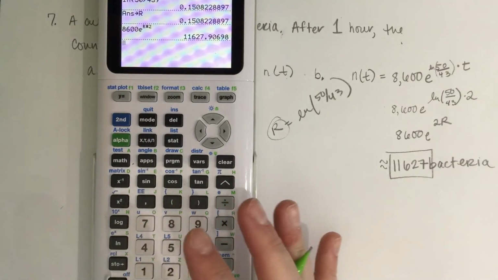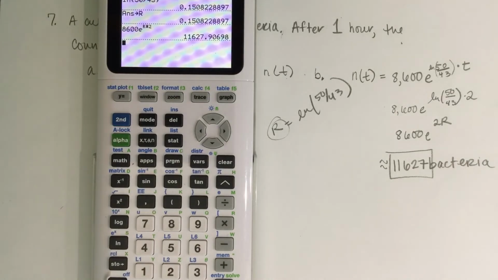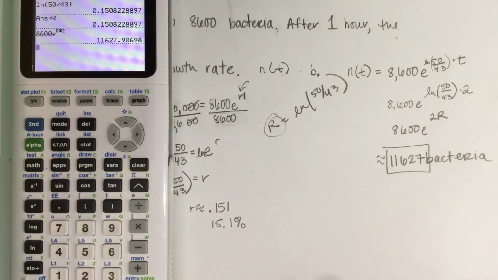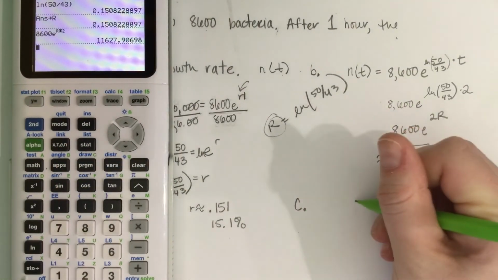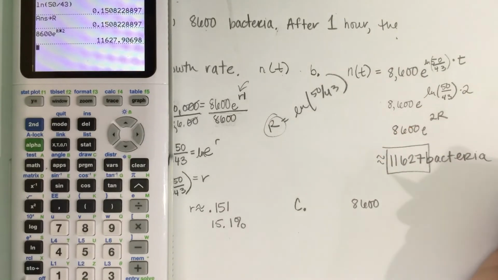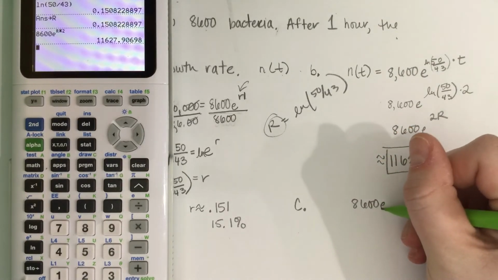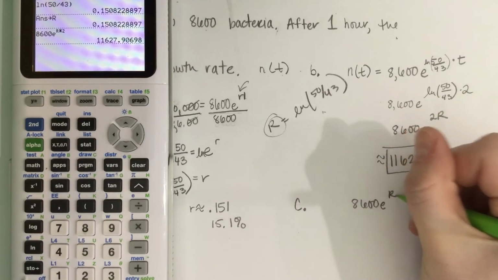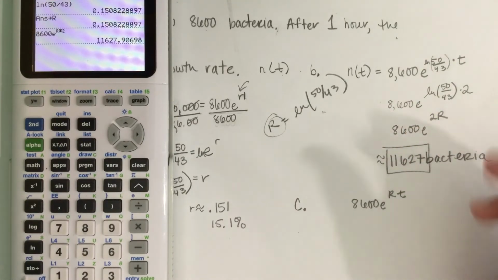Now, the last question says that it wants us to know after how many hours the population will double. We know we started off with 8,600, and we know now that our rate is R, but this time we're looking for t.